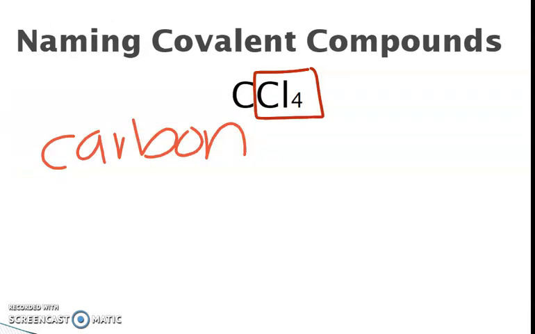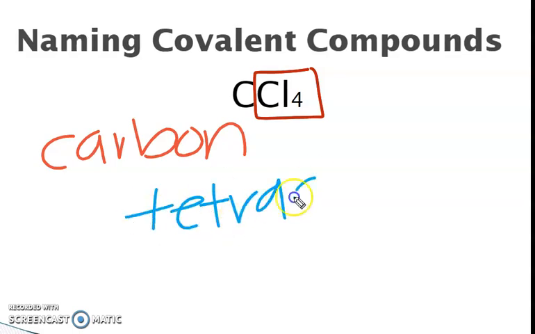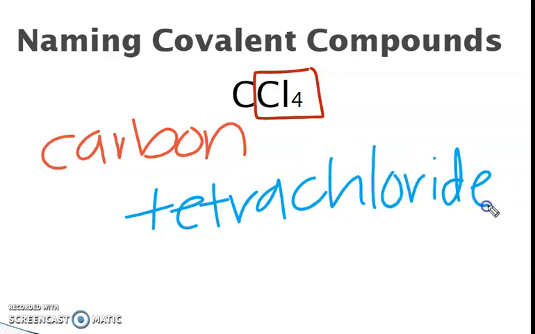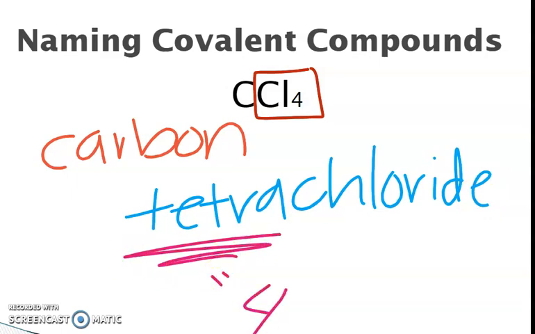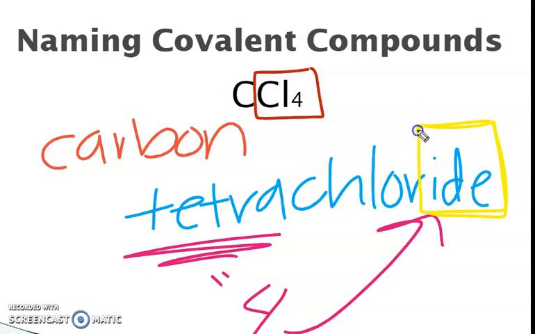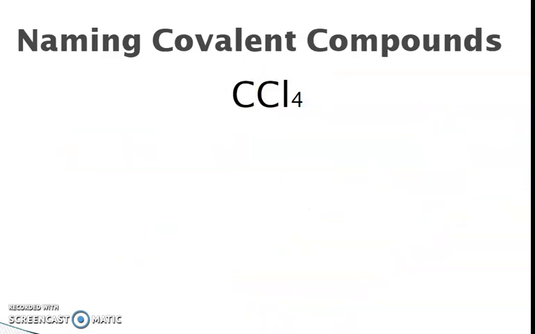Okay, so it's going to be carbon tetrachloride. Okay, so let's break this apart real quick. So tetra means 4, and we have 4 what? Chlorines. Now remember, guys, notice it's not chlorine, still just like the ionic, it is still chloride. All right, let's try a couple more.